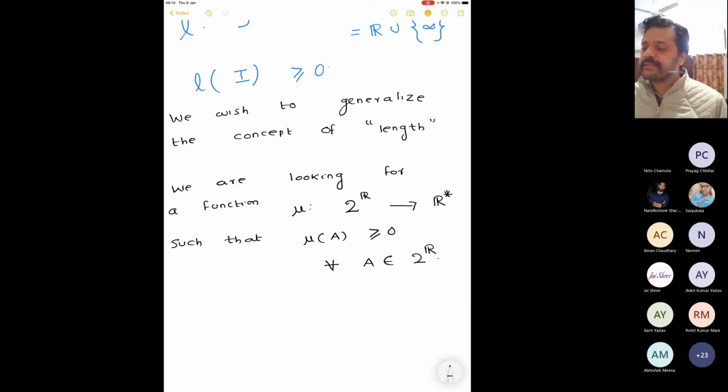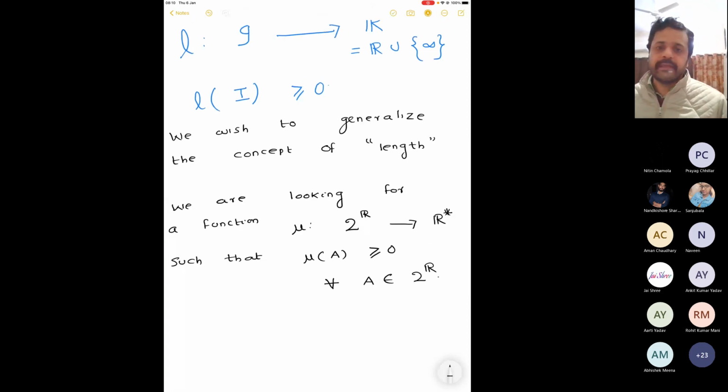Keeping that in mind, the properties that length satisfies will give me a guiding principle for how I should define my mu. So our experience with length will tell you what properties we are looking for in mu, so that mu can be considered a generalized version of length.